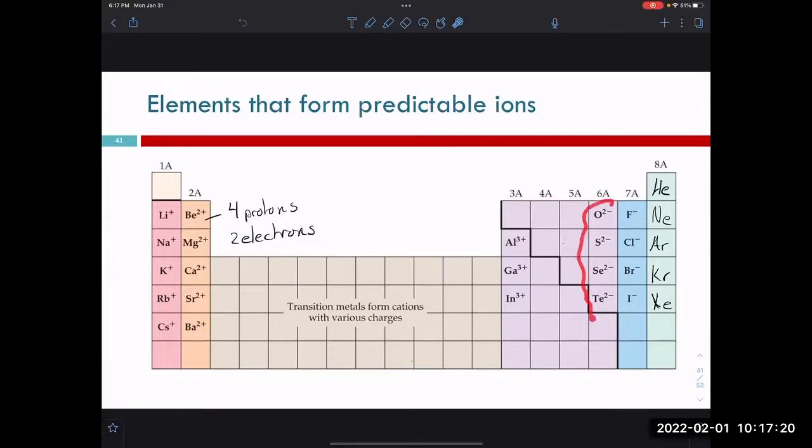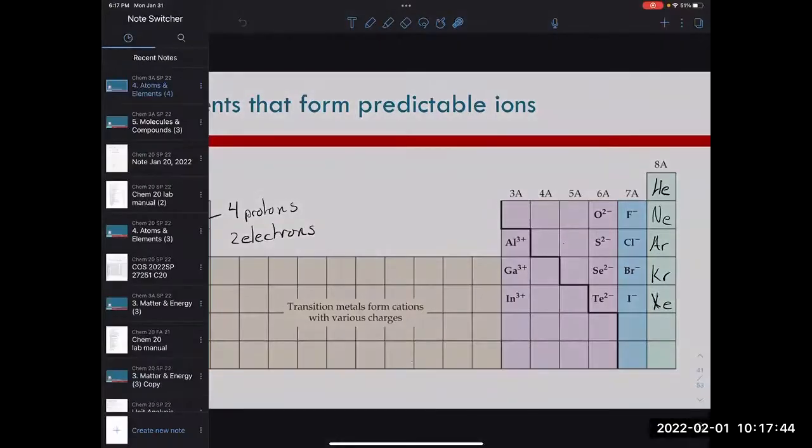So these are all 2- charges. 7A, so 7 is its group number, minus 8 is 1-. So these are all 1- charges. And that's pretty much it. I think there's one other that I have you remember. I think it's scandium. So those are the predictable ones.